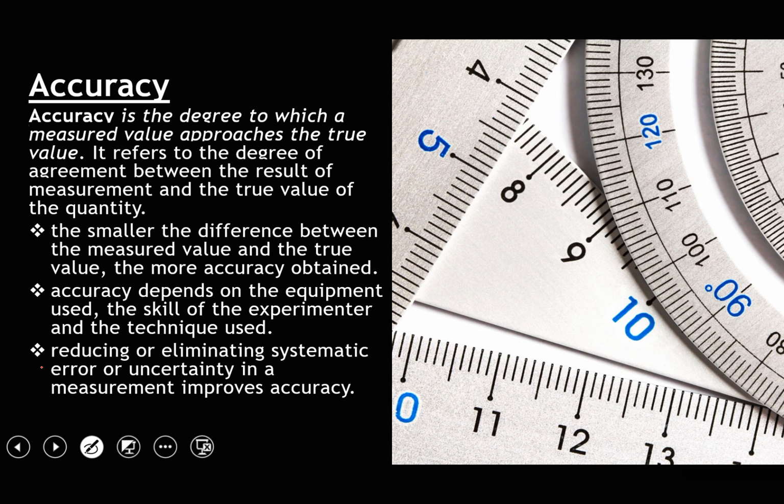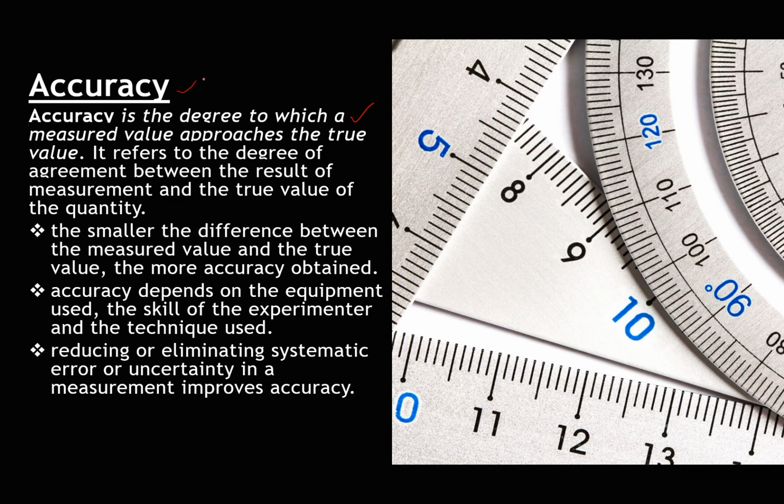To begin with, measurements could be taken, but when an expected value or an accepted value or a true value is actually known, then the degree to which those measurements taken are close to the accepted value is what we call accuracy.